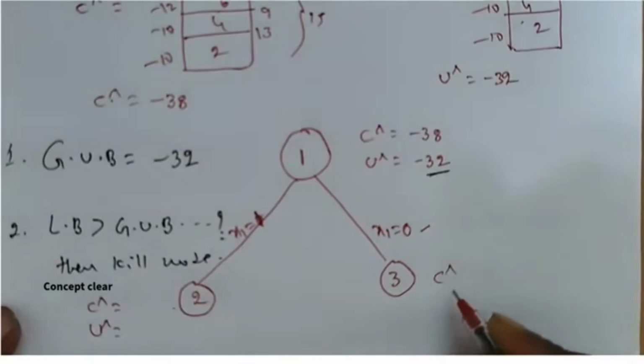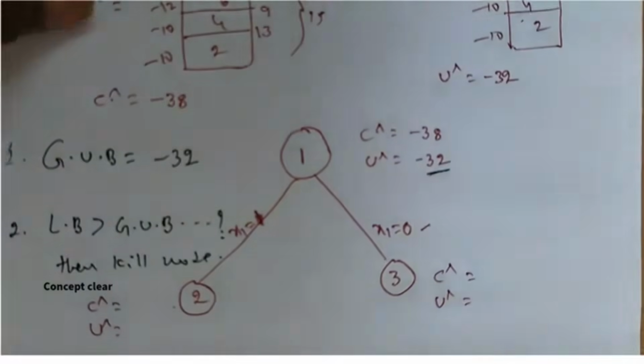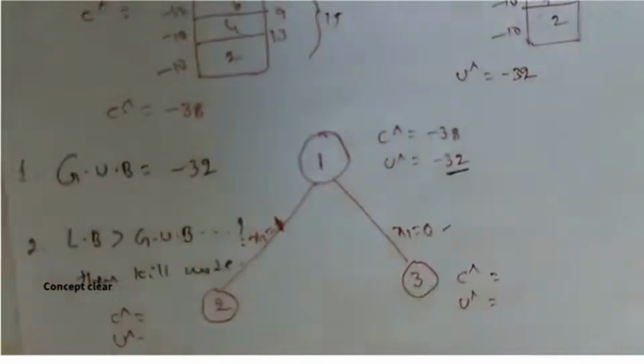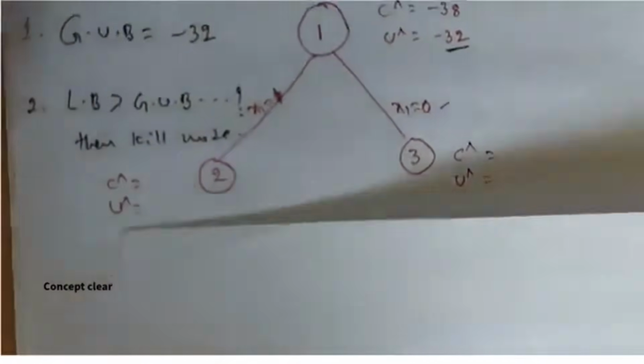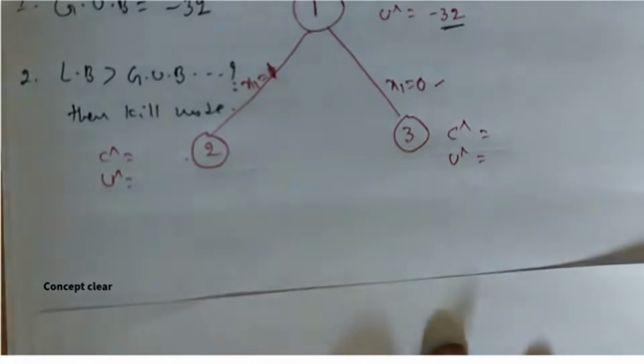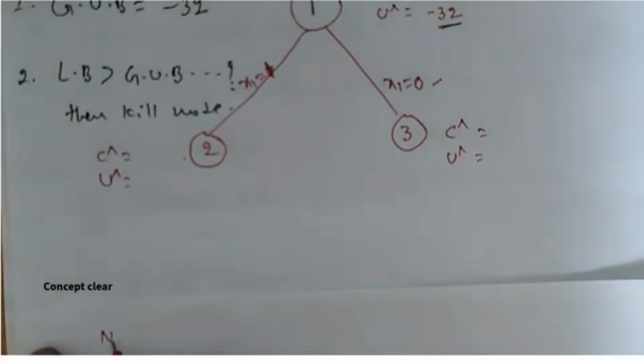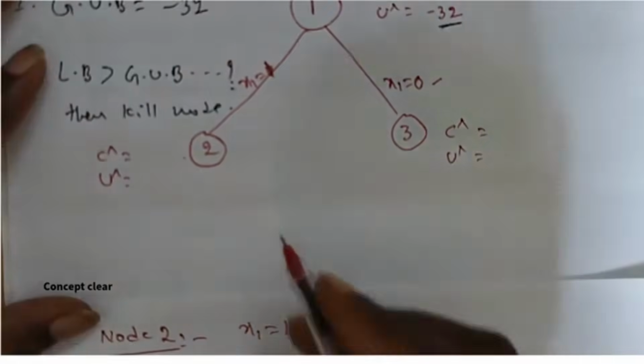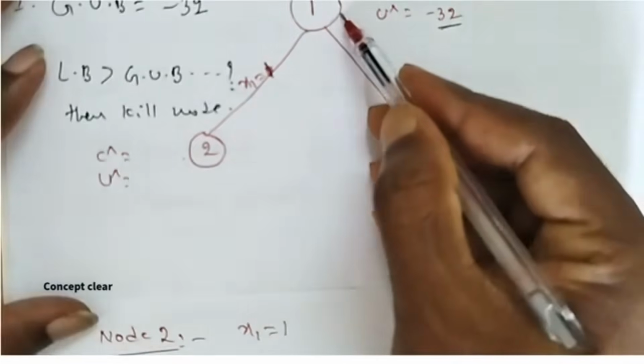Here also lower bound value and upper bound value, same as the previous method. For calculating, I am doing it on a separate page, so don't get confused. For node 2, x1 equals 1, so we consider x1 equals 1 here also. So the values are the same as the previous one.